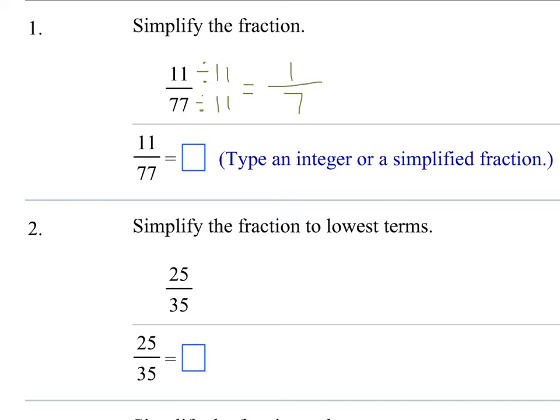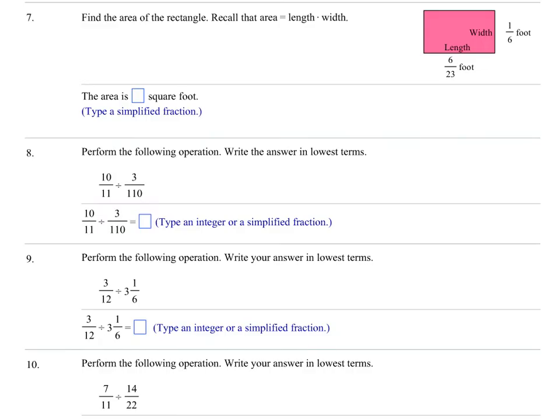So 11 over 77 simplifies to 1/7. 11 parts out of 77 total parts is the same thing as 1 part out of 7 parts. At this point, I want you to pause the video and try numbers 1 through 3 on your MyMathLab homework on your own. Now the next thing we want to learn how to do is multiply and divide fractions.